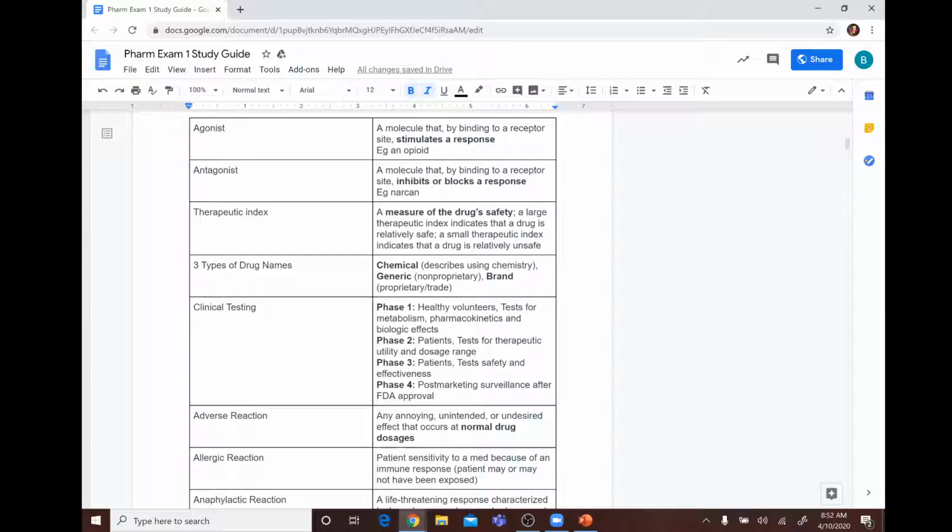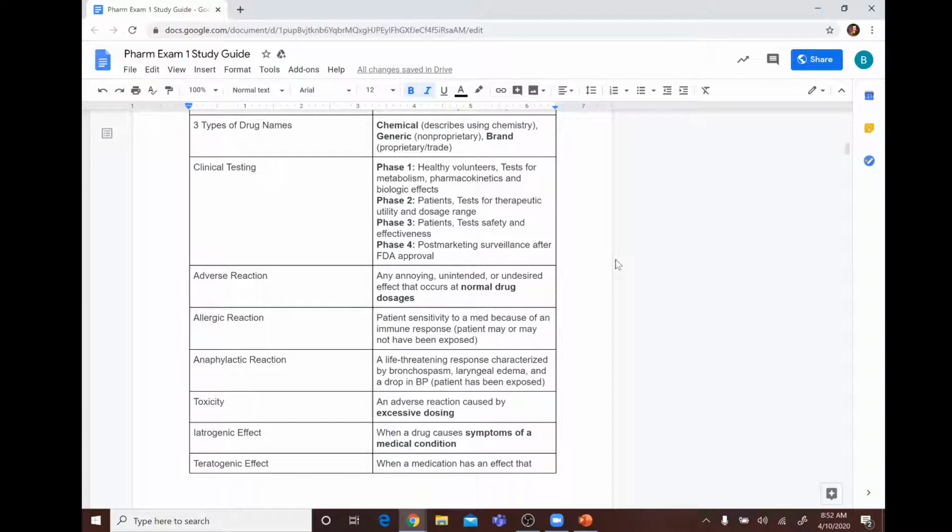What are the 3 types of drug names? Chemical, which describes the chemistry. Generic, non-proprietary. And the brand name, proprietary or trade name. What is an adverse reaction?